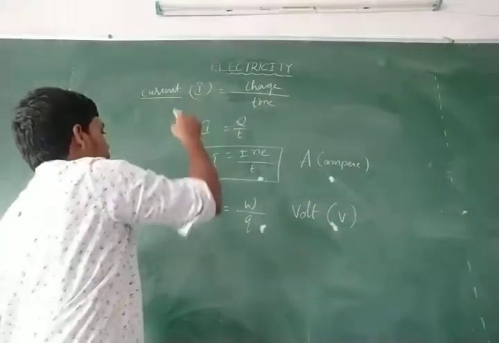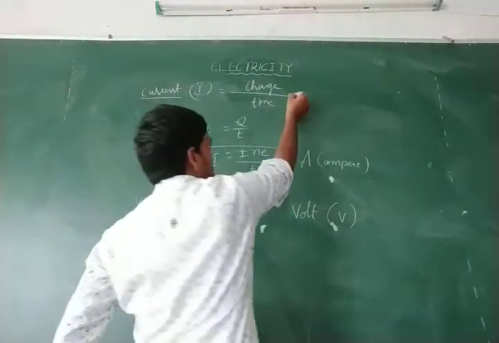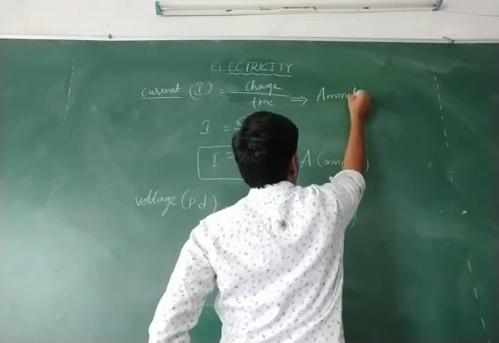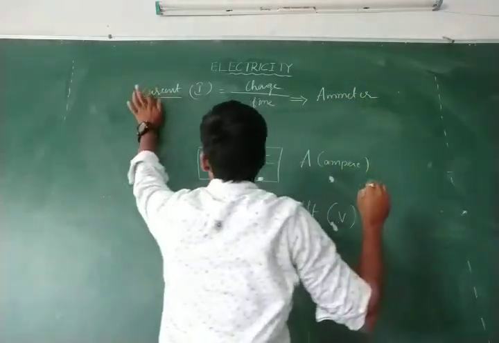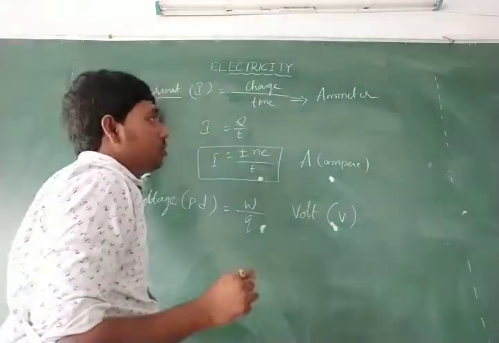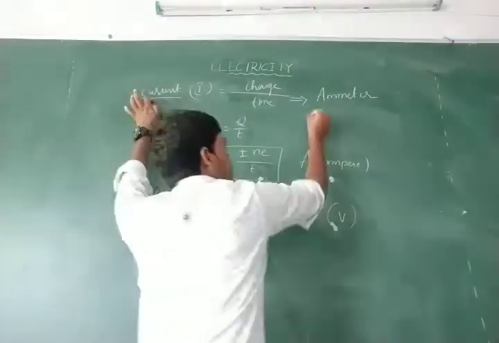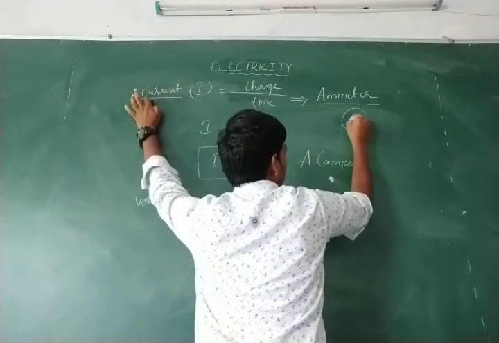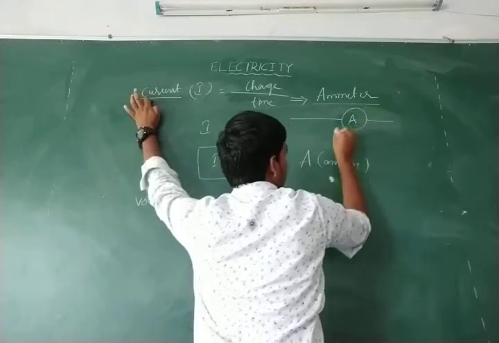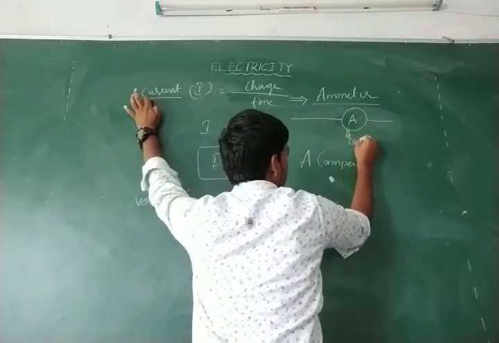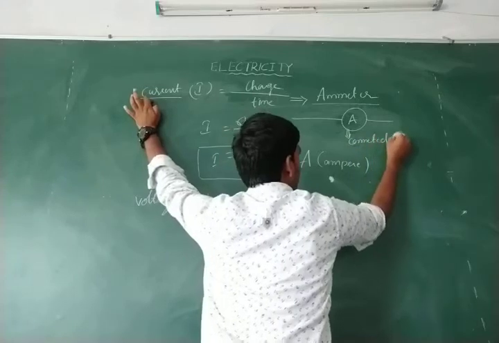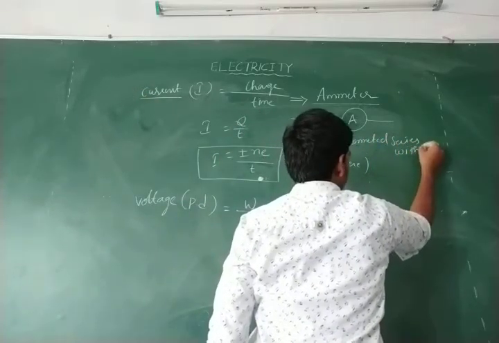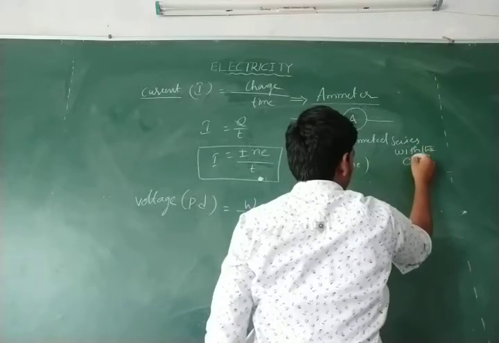The device which is used to measure the electric current is the ammeter. The ammeter is represented with the symbol A in a circle, and it is always connected in series with the circuit.